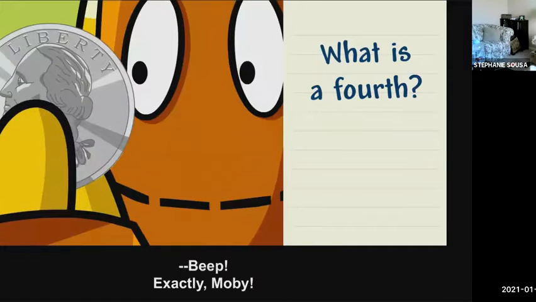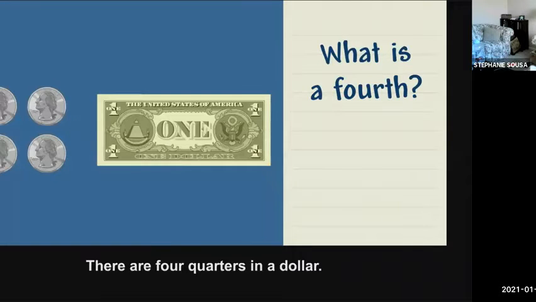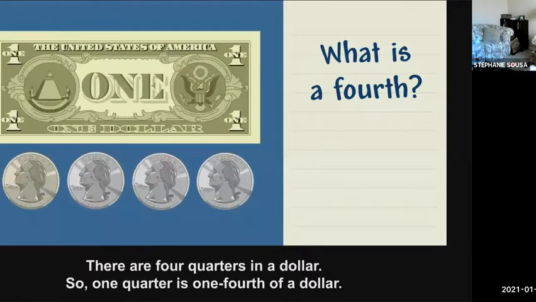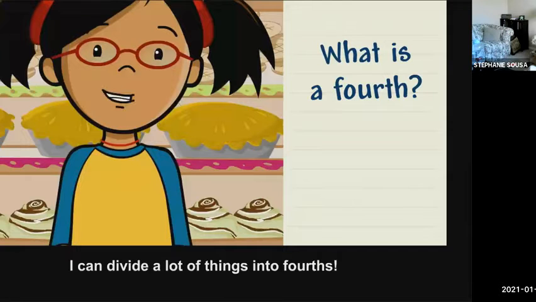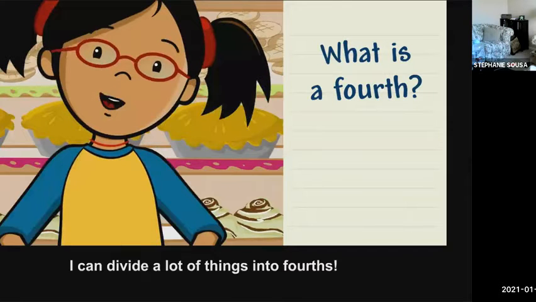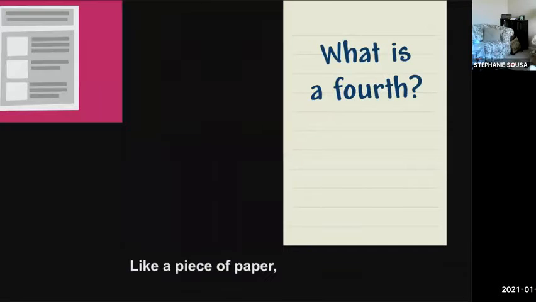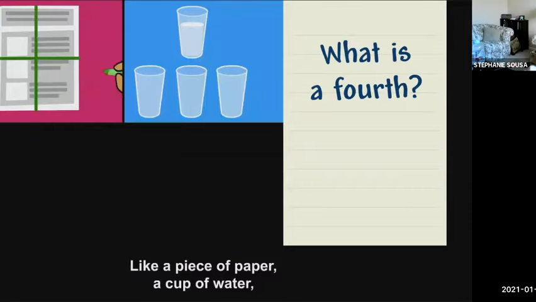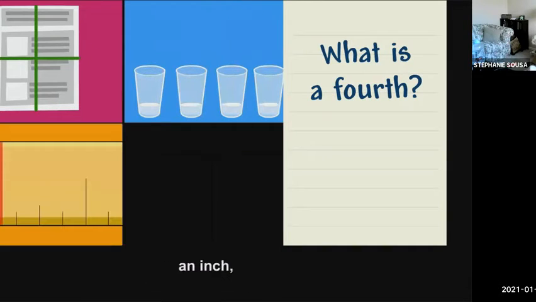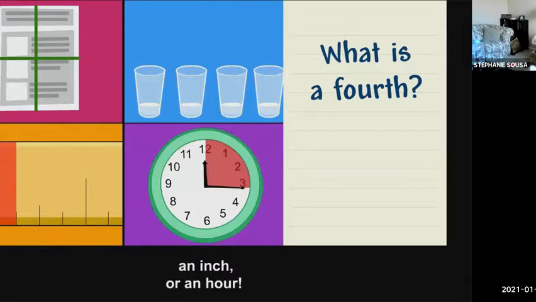Exactly, Moby. There are 4 quarters in a dollar. So a quarter is 1/4 of a dollar. I can divide a lot of things into fourths. Like a piece of paper, a cup of water, an inch, or an hour.